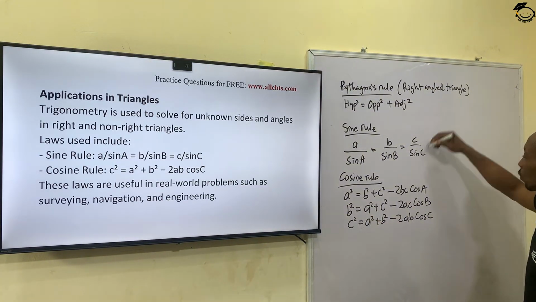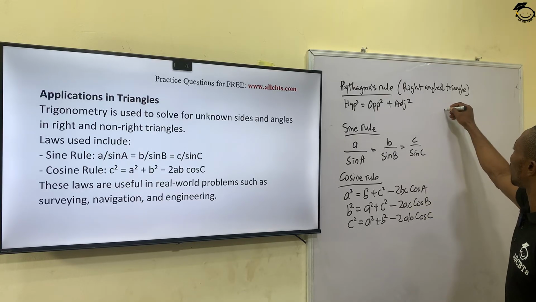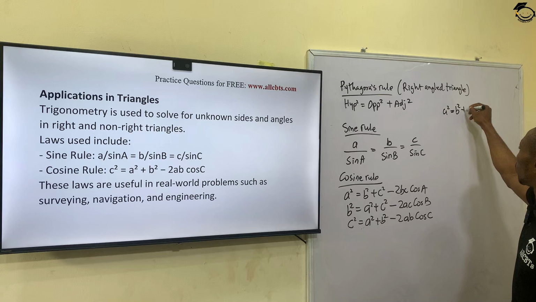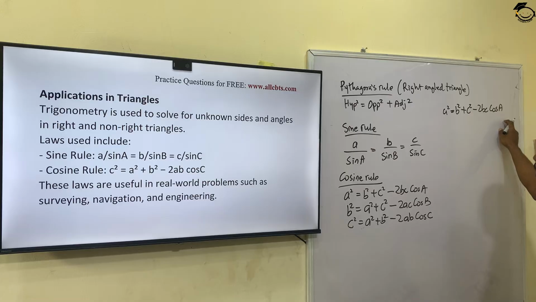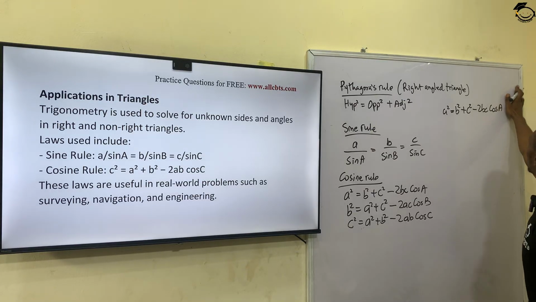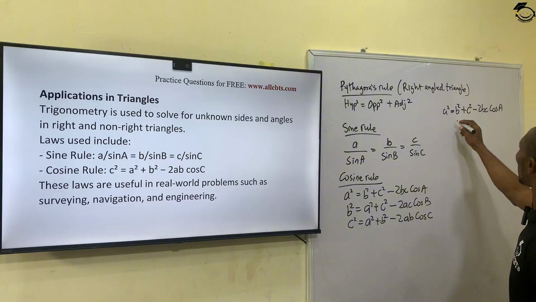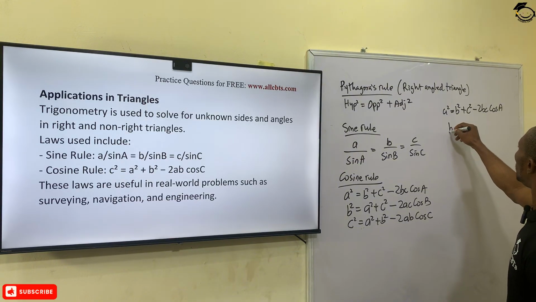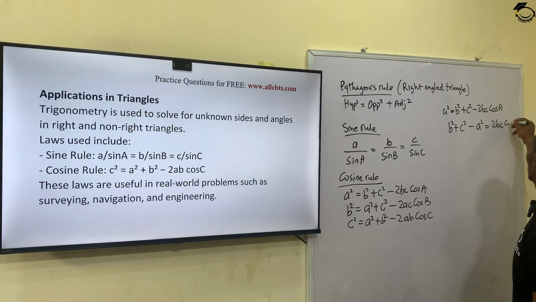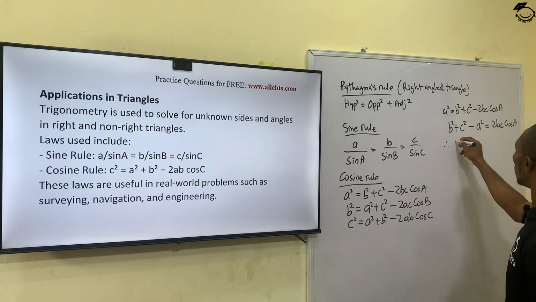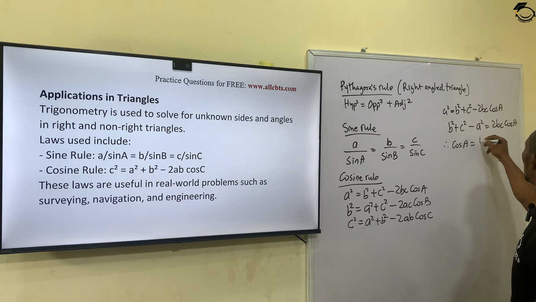For example, if we want to find cos A from here, we have A squared equals B squared plus C squared minus 2BC cos A. So we are going to make cos A the subject of the formula. In order to do that, we have B squared plus C squared minus A squared equals 2BC cos A. Therefore, cos A equals B squared plus C squared minus A squared all over 2BC.